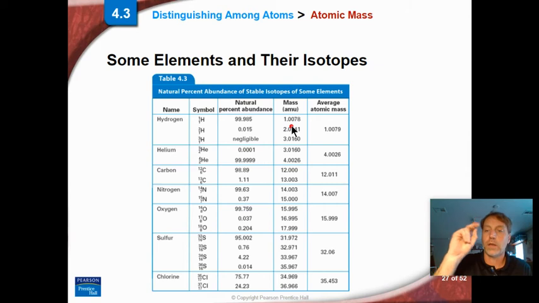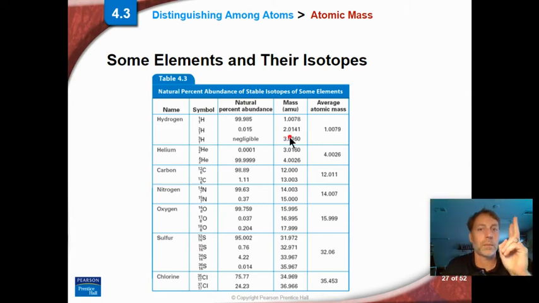It has 1 proton and no neutron. 0.015% of the universe is made up of hydrogen 2, meaning it has 1 proton and 1 neutron, with an atomic mass of 2. And then there's tritium, which is called heavy hydrogen, which makes up heavy water. And that is a very, very small percentage.